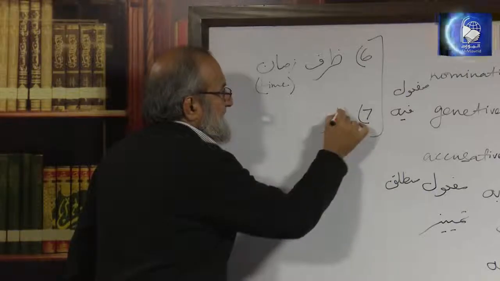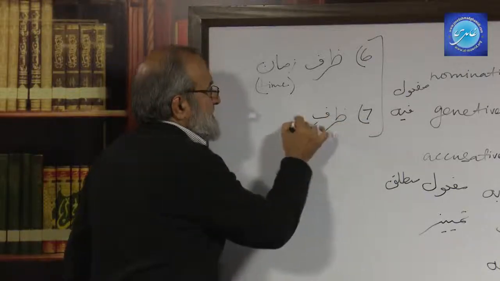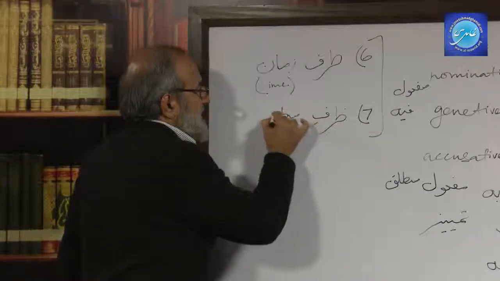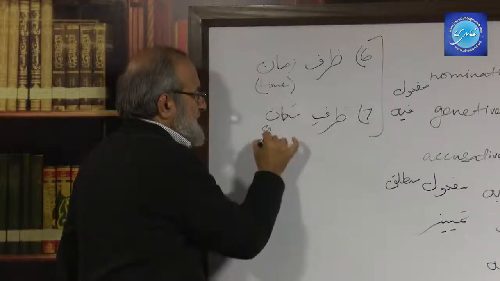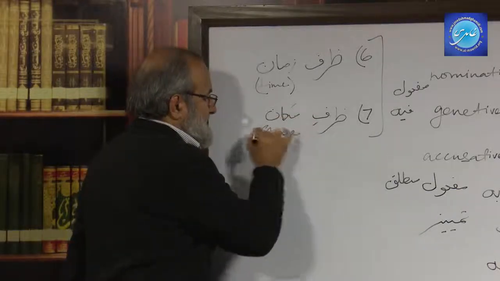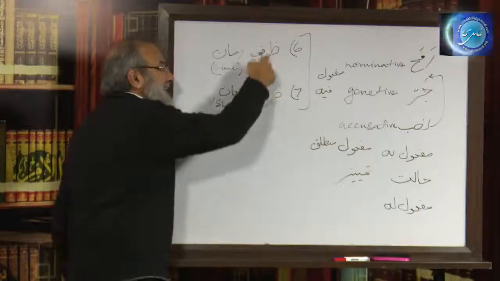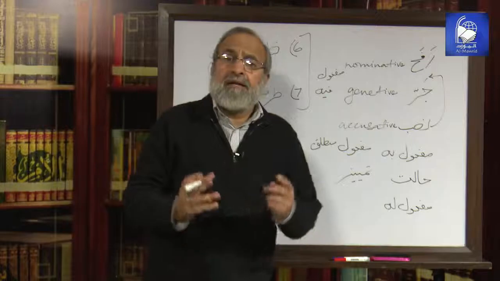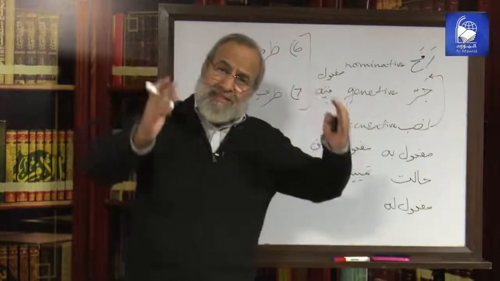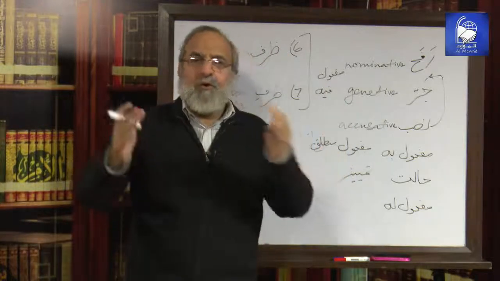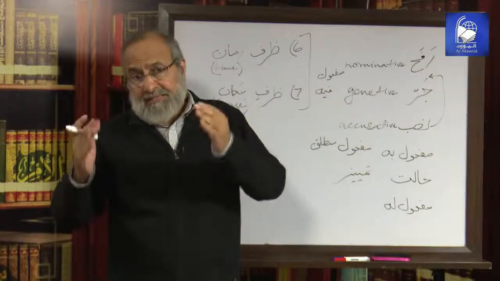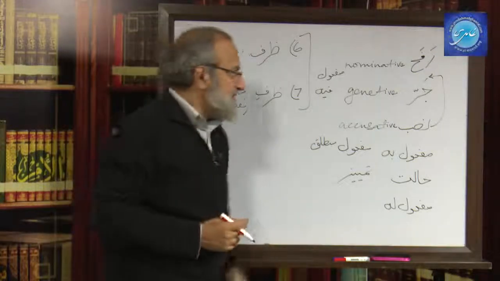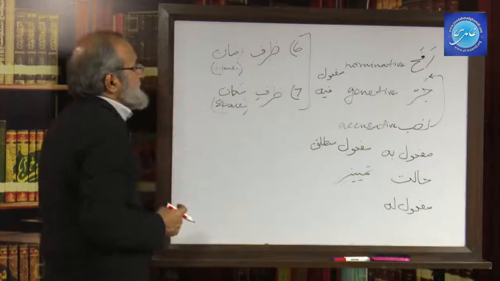And likewise, we have zarf makan. Makan is simply space. So the work was done in either a particular time period or a particular place, space. Let's try to take one example each.